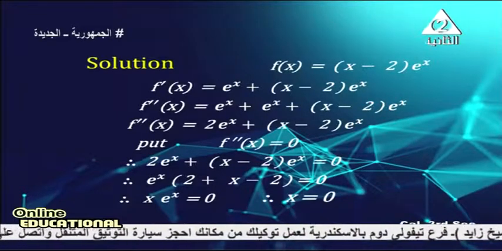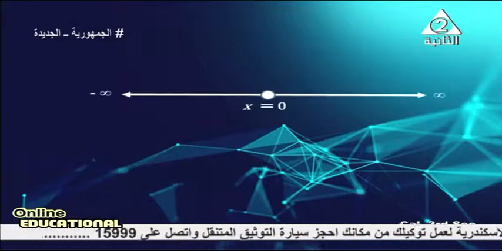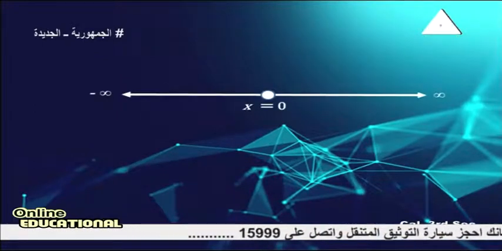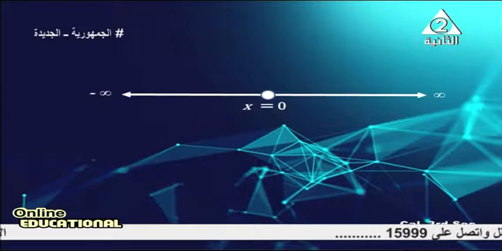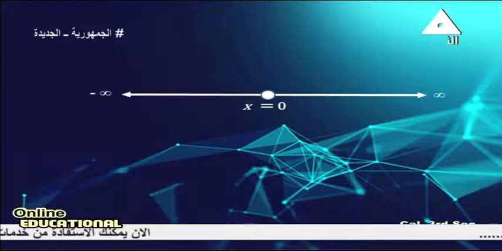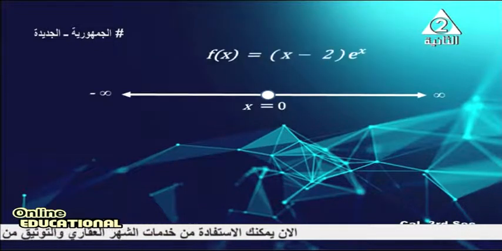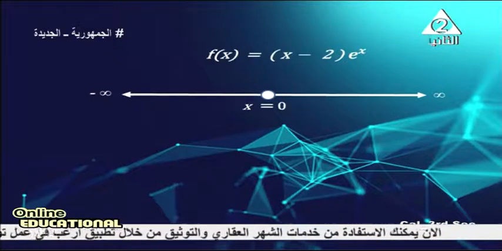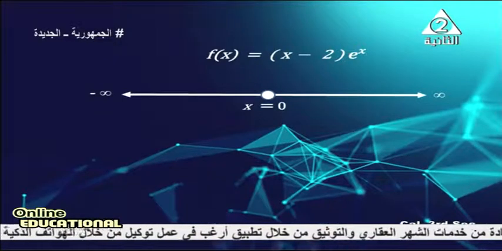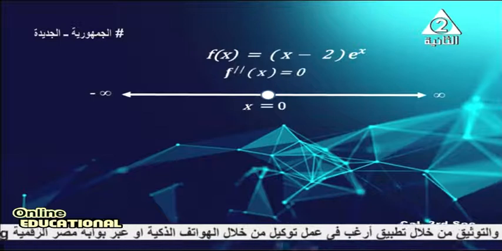We can draw a number line from negative infinity to positive infinity. At x equals 0, the function f(x) equals (x - 2) times e^x, and f''(x) equals 0.